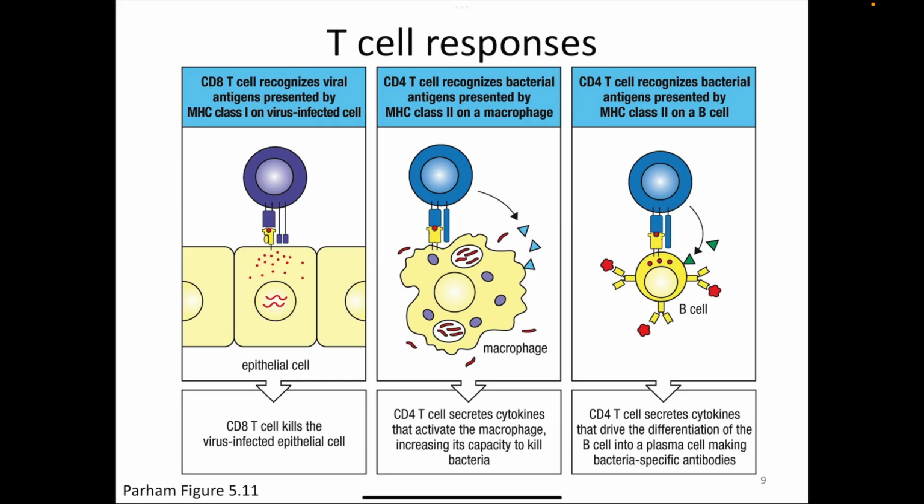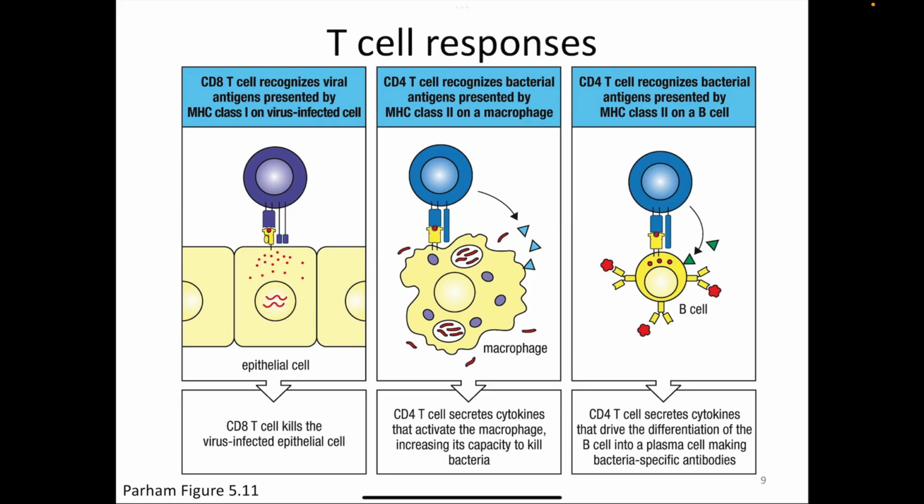With a CD4 T cell, the idea is that the CD4 T cell is going to make some cytokines, and those cytokines are going to help other cell types act better and do their job better. And so we refer to the CD4 T cells as helper T cells because they're making cytokines to help other immune cells do their job better.